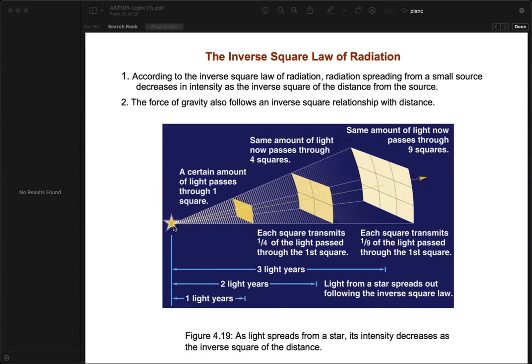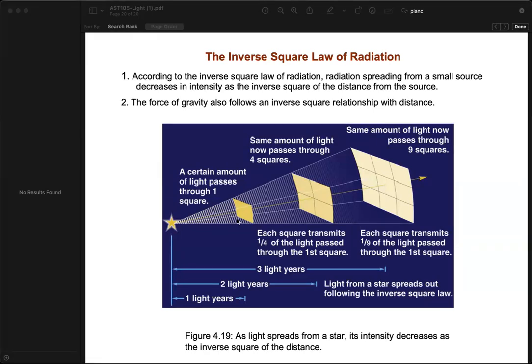So here is a star, and let's say you are at a distance of 1 light year from it. There is a certain amount of energy that it is emitting, which is passing through this one square. So it is concentrated in that one square, so it's high intensity. At that point, the star would look quite bright. But if you go to a distance of 2 light years, now that same amount of energy and light is projected into this bigger square, which is equal to 4 squares of the initial size.